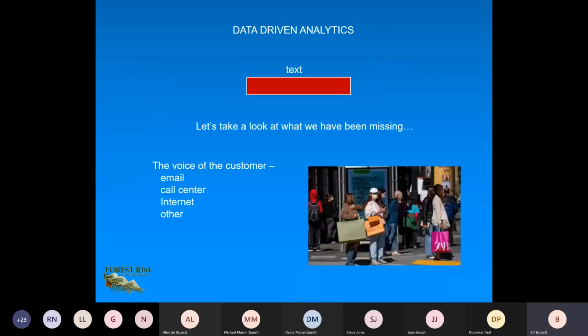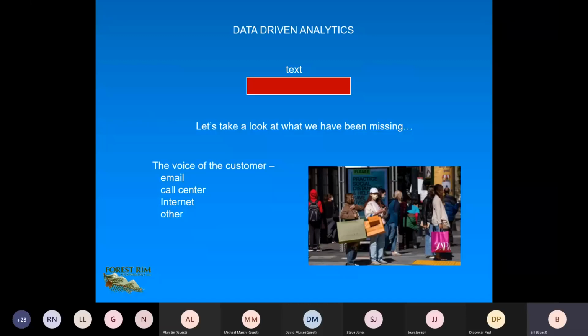So let's take a look at what we're missing. When you're only looking at structured data, what you're missing is your textual data. And what do we find in our textual data environment? The answer is we find a lot of really interesting information. Perhaps the most important and useful information that we find is what we call the voice of the customer.